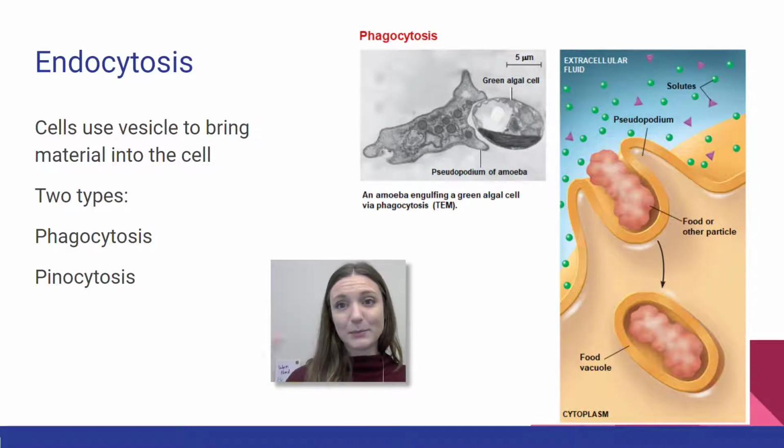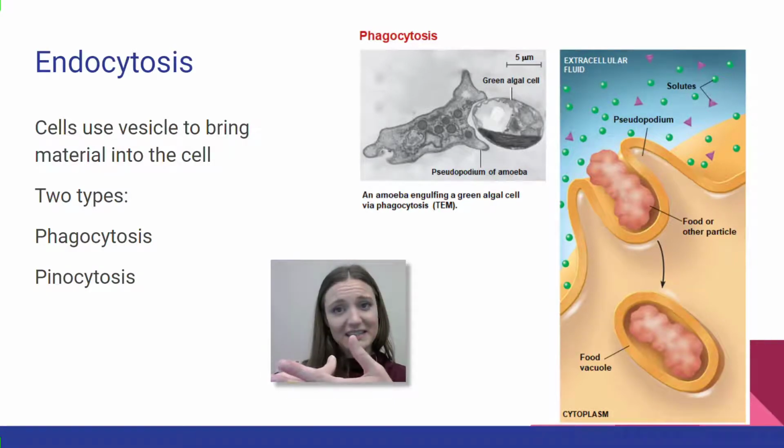It's going to extend its membrane around, trap it, fuse it on either side, and then move it inside using a vesicle. Okay, so phagocytosis is a process of extending membranes around a food item, trapping it in a vesicle, and then that vesicle moves inside the cell with the help of the cytoskeleton.